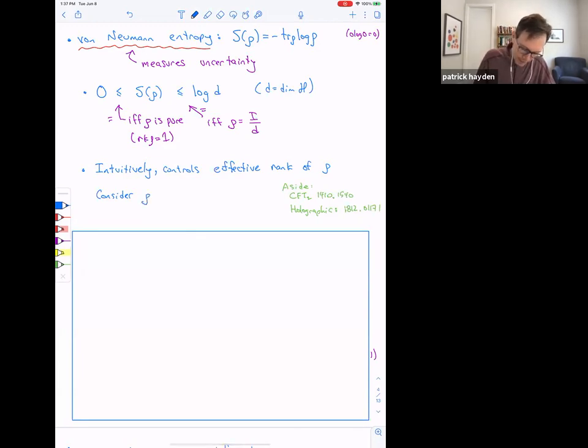So we'll consider a state, I'll write it rho tensor n, which is the n-fold tensor product of rho. The reason I'm writing down this n-fold tensor product is basically because under the hood of what I'm going to do, you're going to have to use the law of large numbers, and this is a nice way to get the law of large numbers to act.